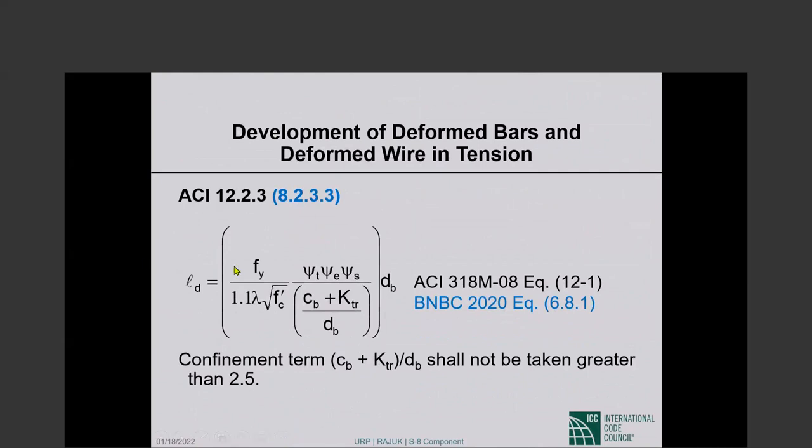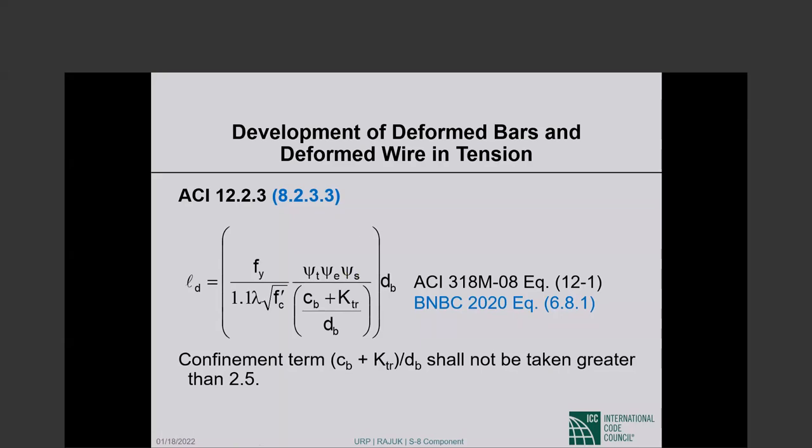Here also, we have the yield strength of the reinforcement, the compressive strength of the concrete, and the lightweight concrete factor lambda. Here we have an additional factor, psi sub s, for bar size.